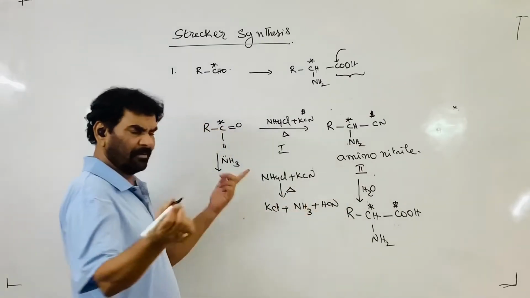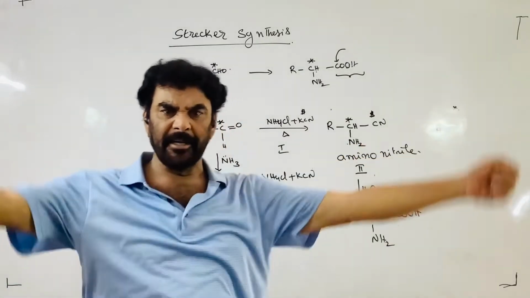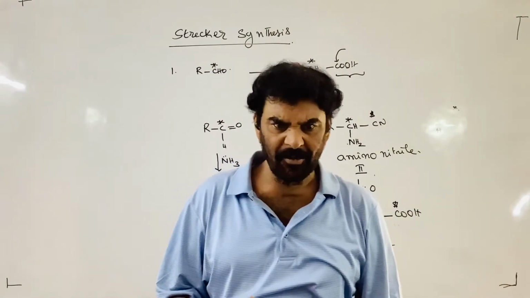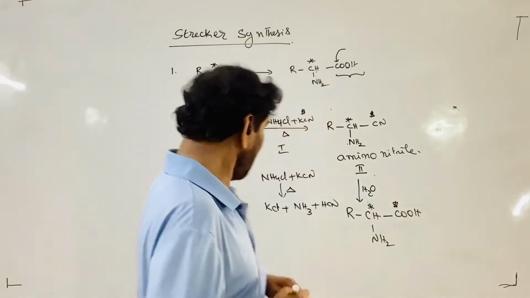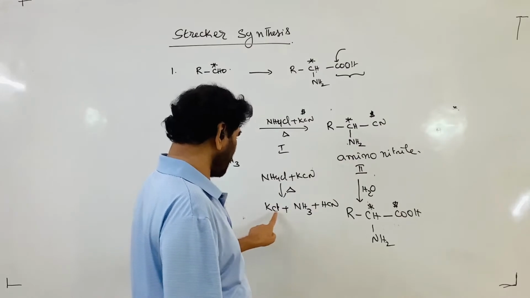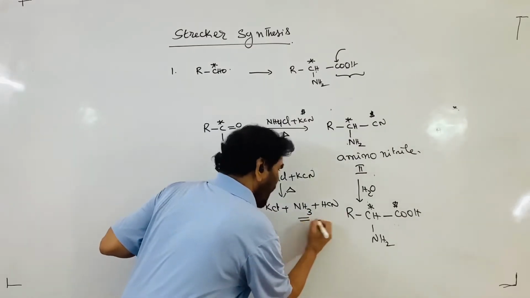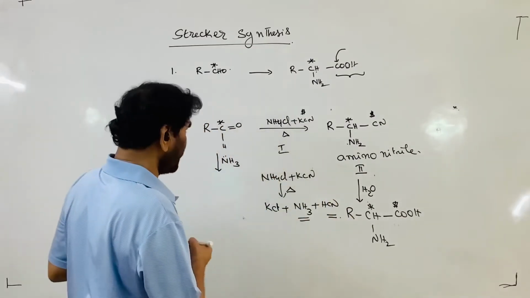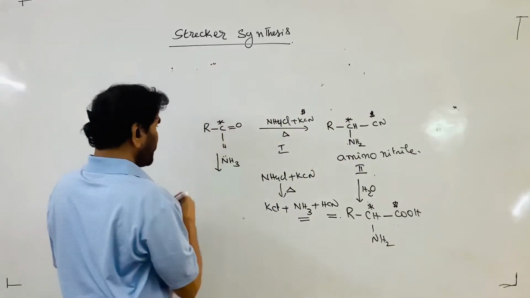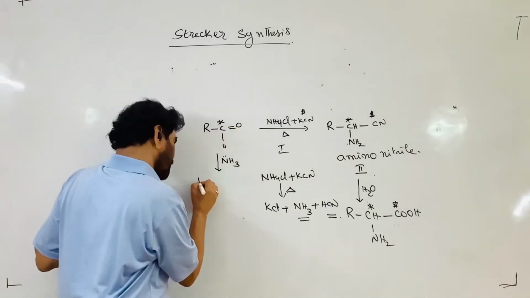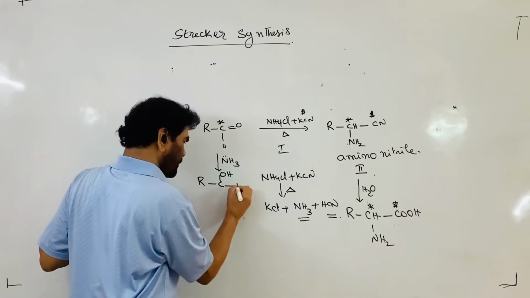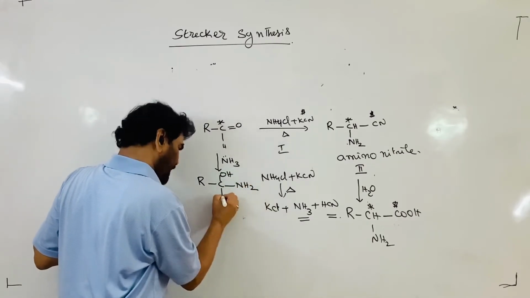Ammonium chloride on heating gives ammonia plus HCl, as we have seen, undergoing decomposition. Similarly, the ammonium cyanide formed is undergoing decomposition to produce ammonia and HCN. Right? So this ammonia is reacting with this to produce the aminohydrin, addition reaction.